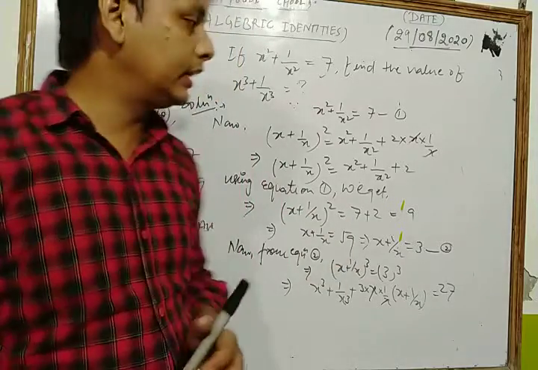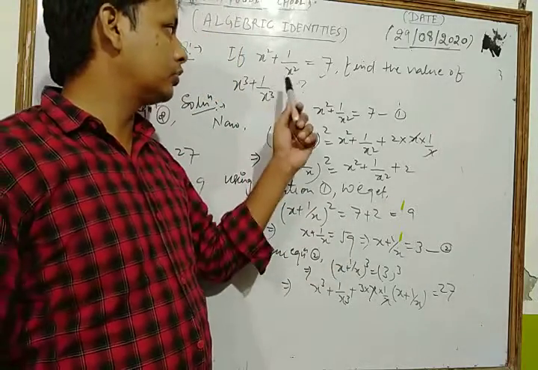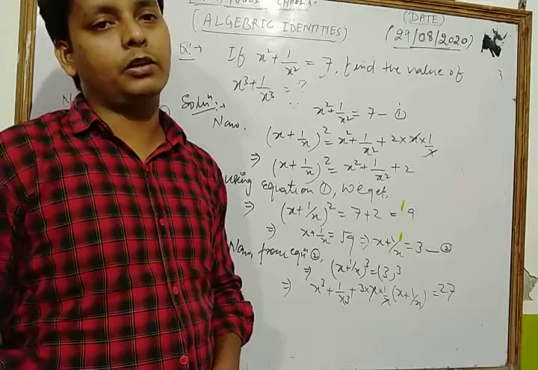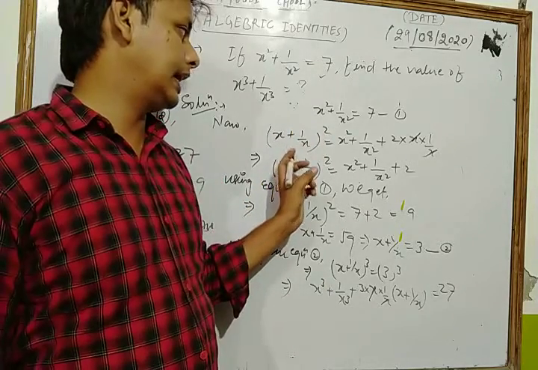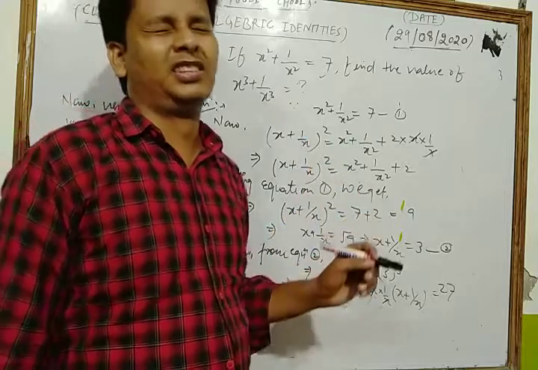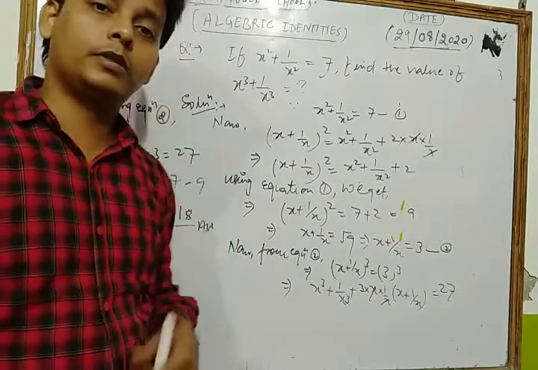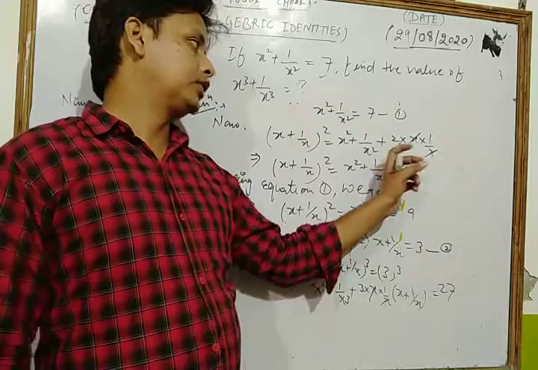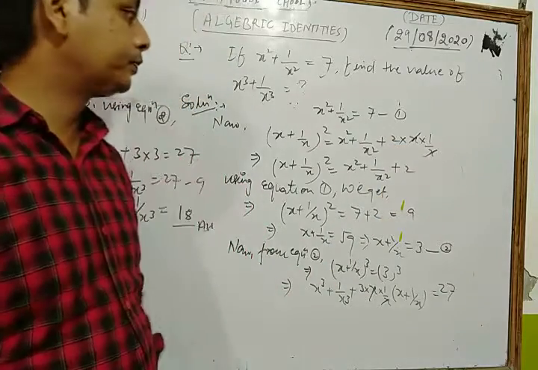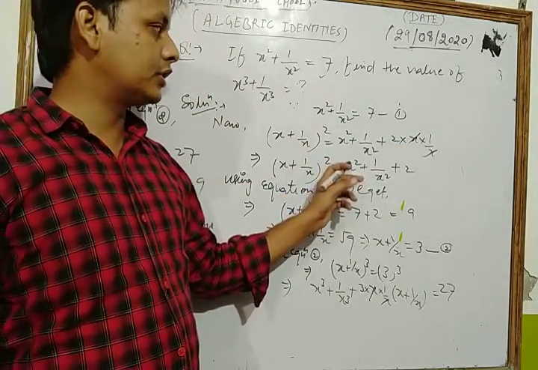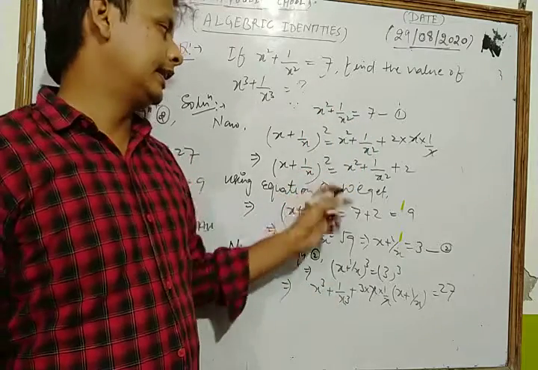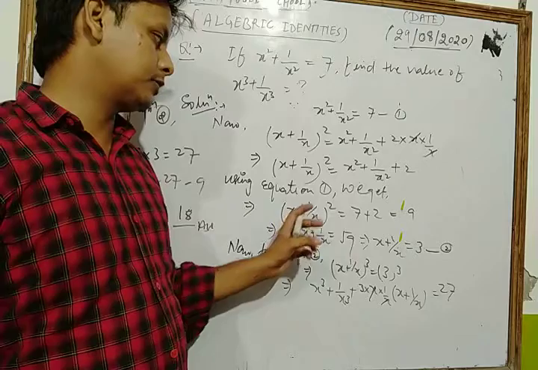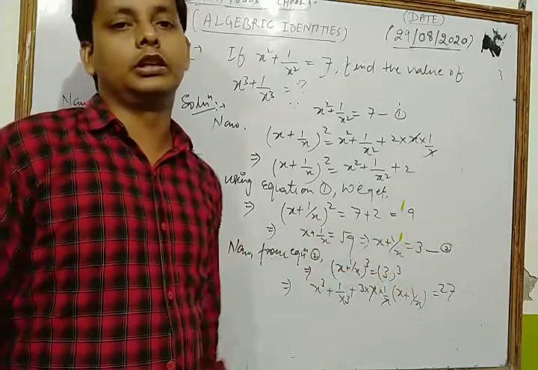First of all, in this type of question, because we have the value of x square plus 1 upon x square, we first apply the formula of (x plus 1 upon x) whole square, which gives a square plus b square plus 2ab. Now from that relation we put the value of x square plus 1 upon x square as 7, and hence we find the value of x plus 1 upon x, which is equal to 3.